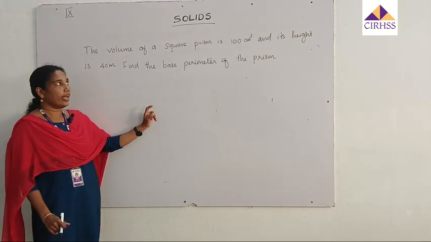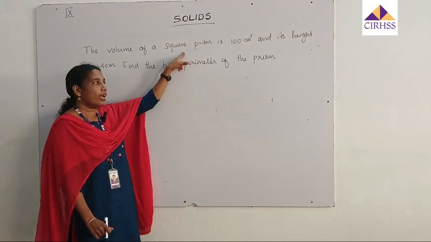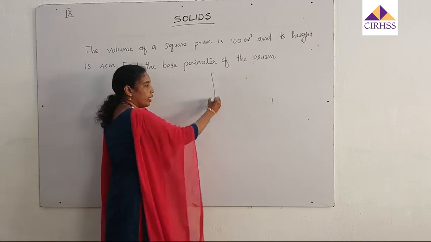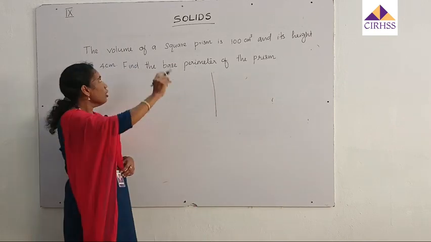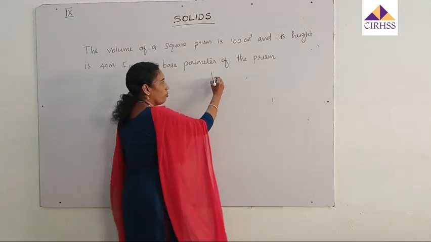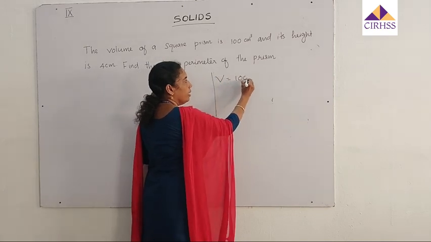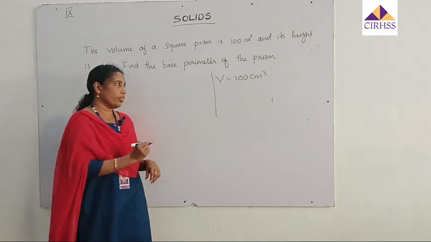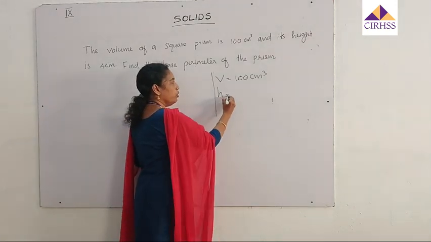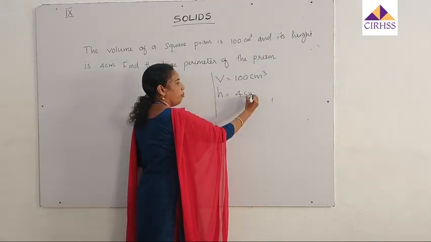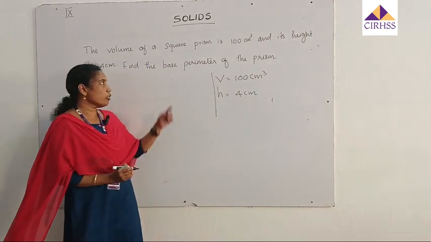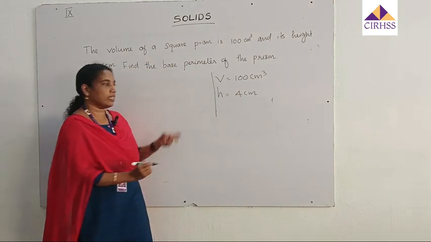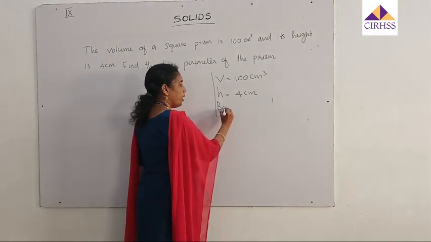First we write down the given data. Volume is equal to 100 centimeter cube. Also height is given, H equal to 4 centimeter. Then our question is to find the base perimeter.